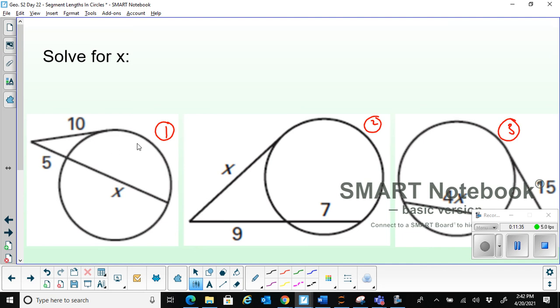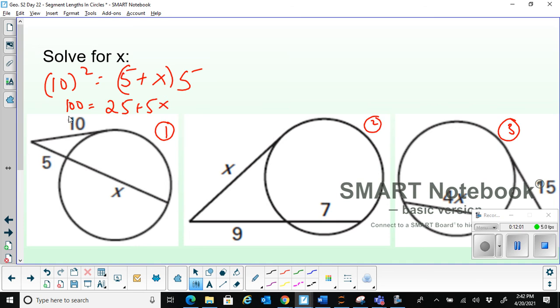On the first, the tangent segment is 10, so tangent segment square equals the secant segment, that is 5 plus x, times the external segment of the secant segment, that is 5. So 10 square is 100, 5 times 5 is 25 plus 5x.